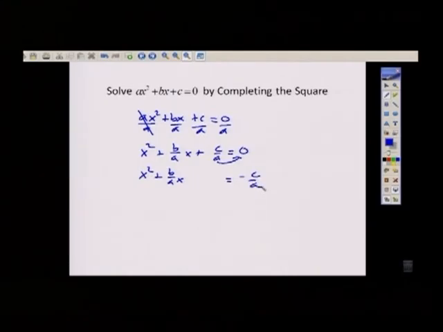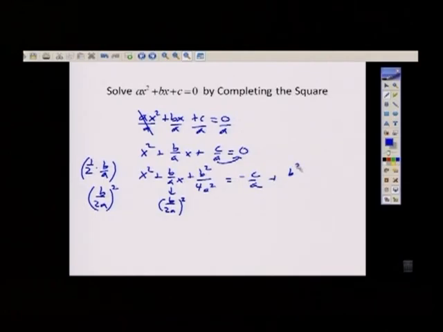Now notice I left a space in here, because our next step was we were going to take half of that coefficient of x. So half of b over a is b over 2a, but then we're going to square it. So b over 2a squared is b squared over 4a squared.